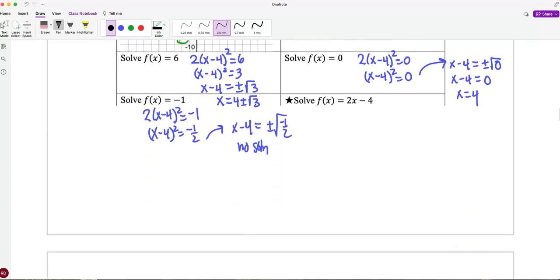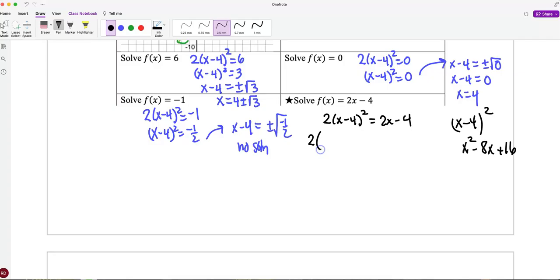Let's do it algebraically. So 2(x minus 4) squared equals 2x minus 4. Now in this one, I can't really take the square root of both sides because I've got this x term. What is (x minus 4) squared? That's x squared minus 8x plus 16.